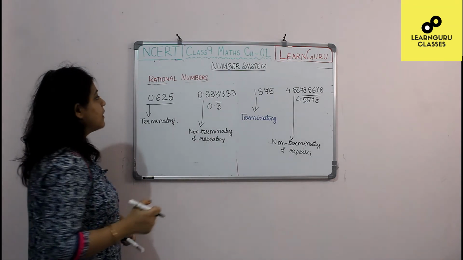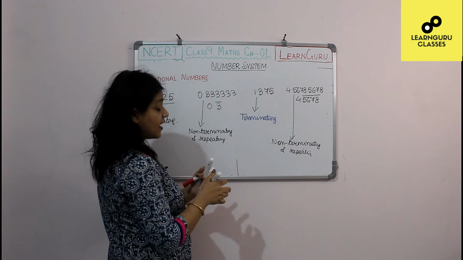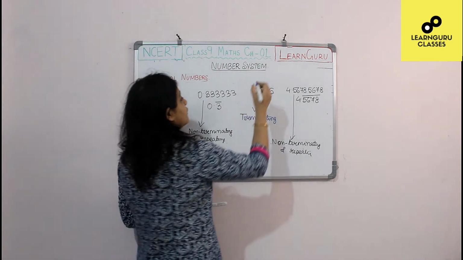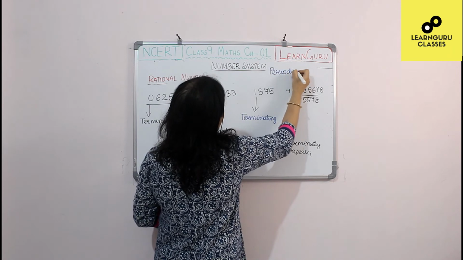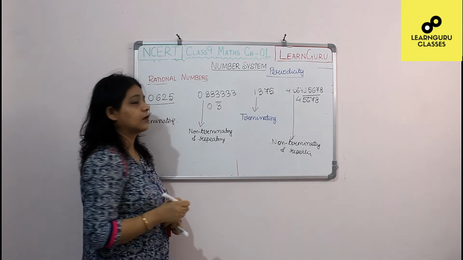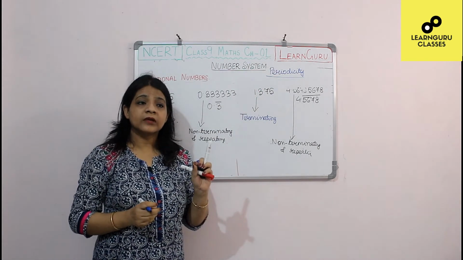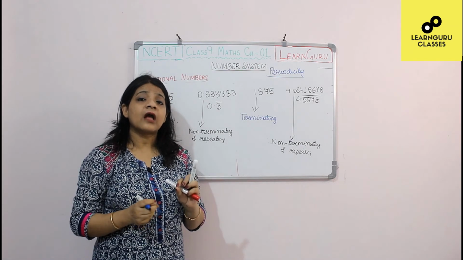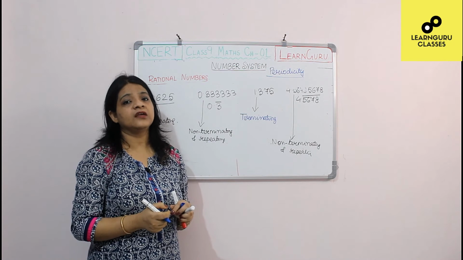Now with this, another term comes into the picture, called periodicity. Periodicity means how many numbers are being repeated in the decimal expansion.